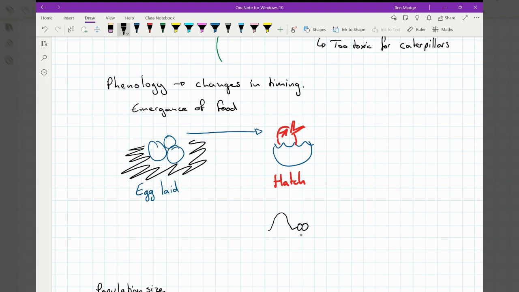Let's get our hungry caterpillar on the go. There he is. Or is that a point at which there's enough food and then the availability just increases as the birds get bigger in the nest?